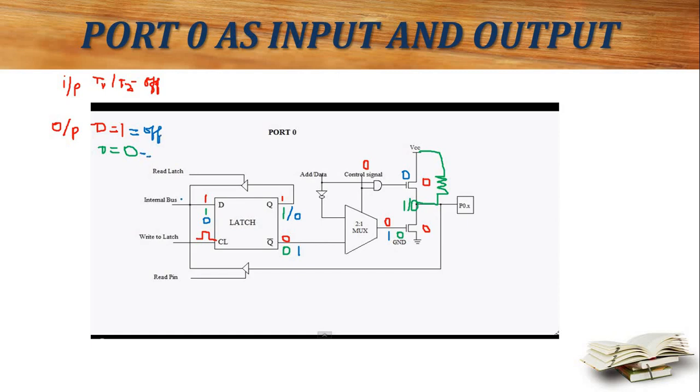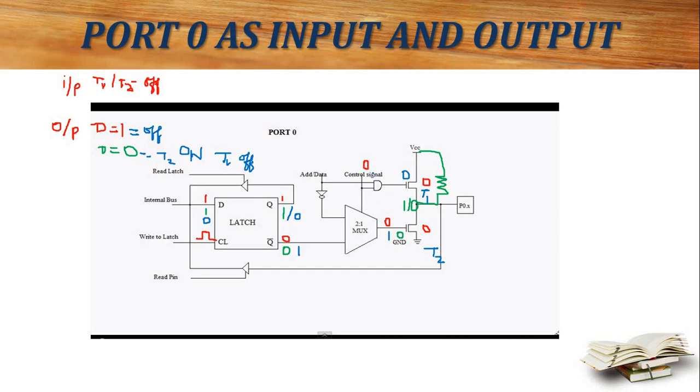In this one, this is T1, T2. So T2 will be on, T1 off. Okay, T2 on, T1 off. Why it is off is, here we are having an AND gate.